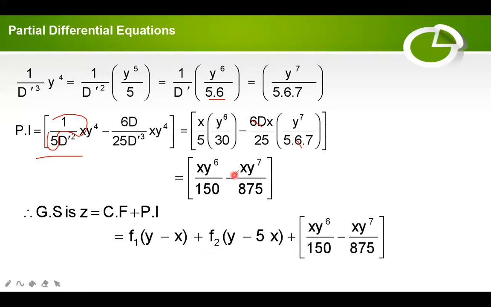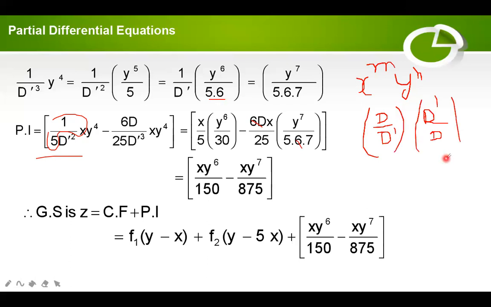So like this, whenever we have x raised to m into y raised to n, based on whether m is greater than n or m is less than n, try to make this in terms of D by D dash or D dash by D, by taking the maximum derivative term common and expanding in the ascending powers of either this or this, and simplify. So like that we have to simplify in this method.